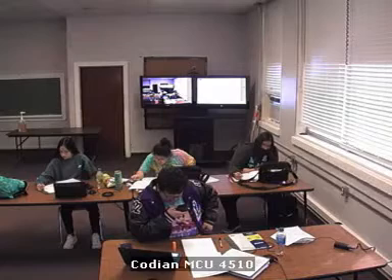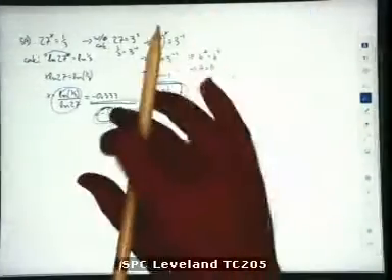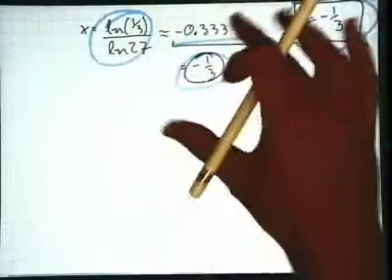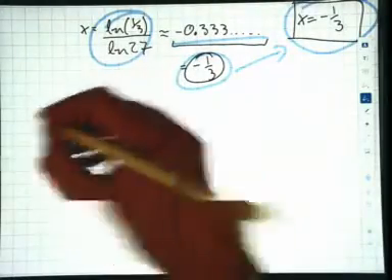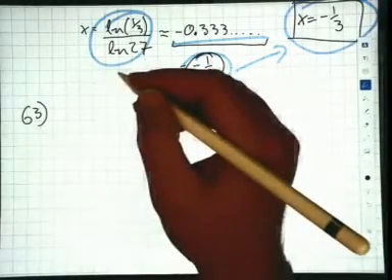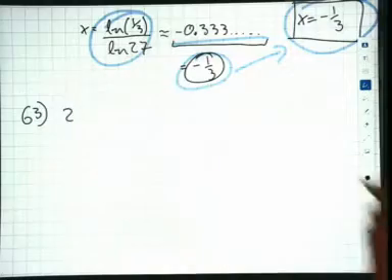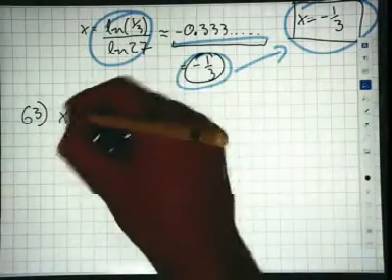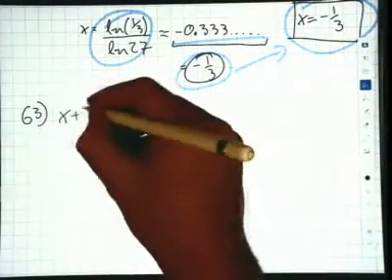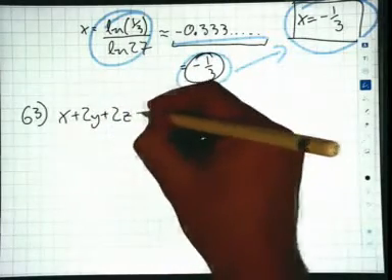Number 63, please. 63. Cool. We have a 3x3 system. So I have x plus 2y plus 2z is equal to 5.